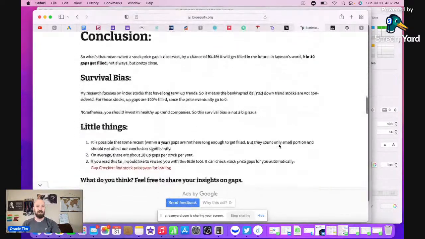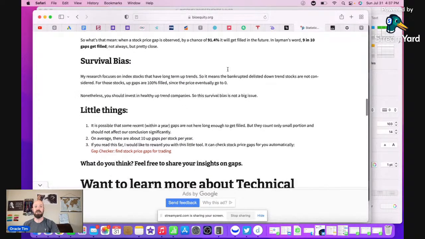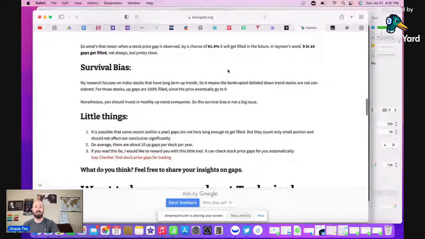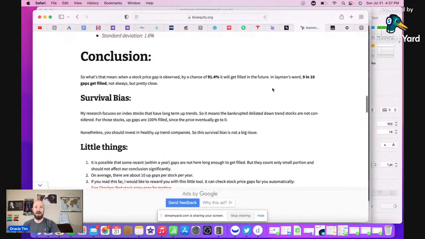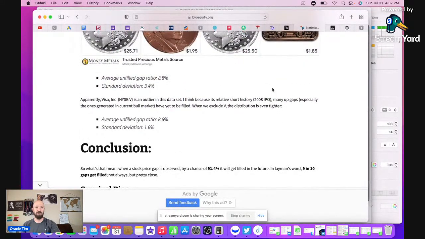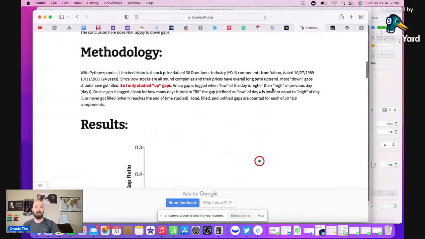So yeah, his conclusion: gap ups are filled by 91.4% chance. So 9 out of 10 times gaps are getting filled. He breaks it down, and I won't go through the entire thing with you, but I do have links to all of these articles and studies down in the description if you want to read through them yourself.